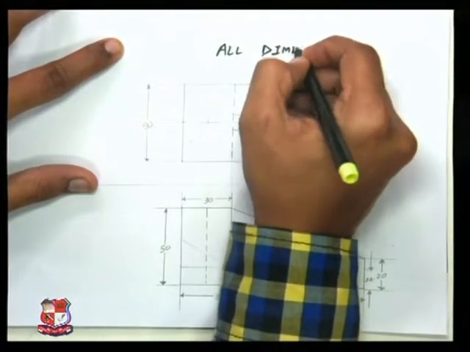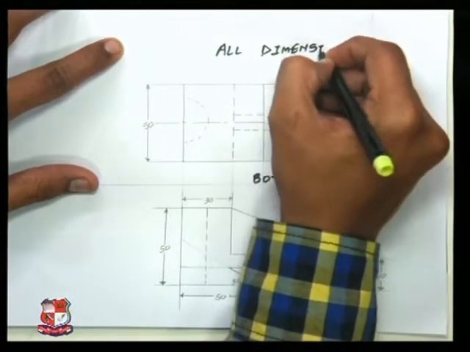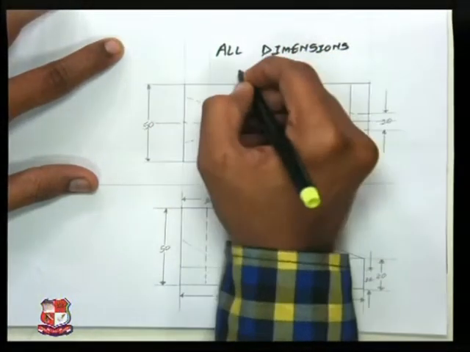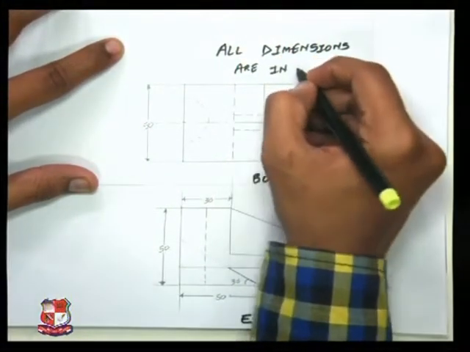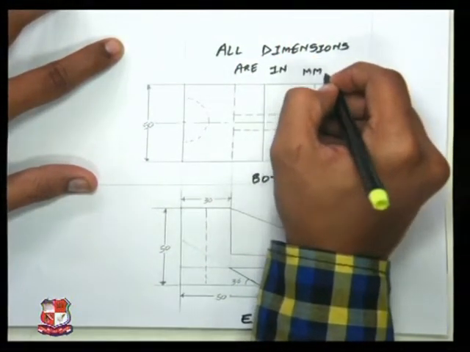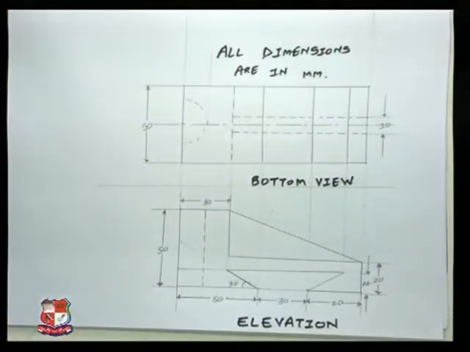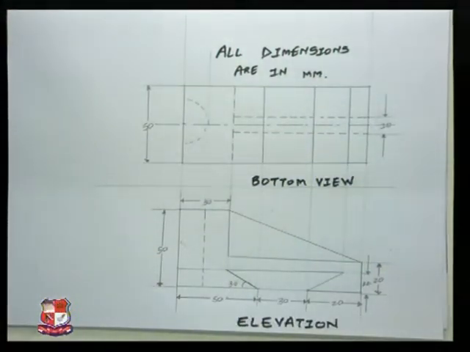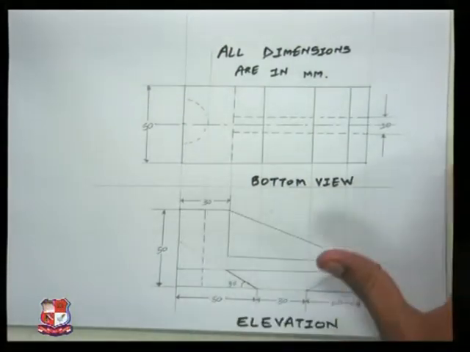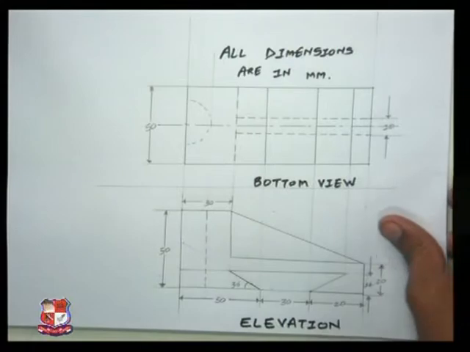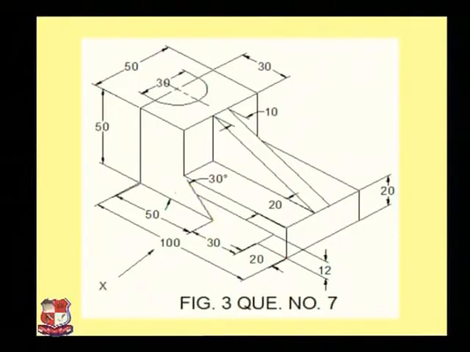All dimensions are in mm. So this is how you can draw your orthographic projections. Now we will see the next problem.